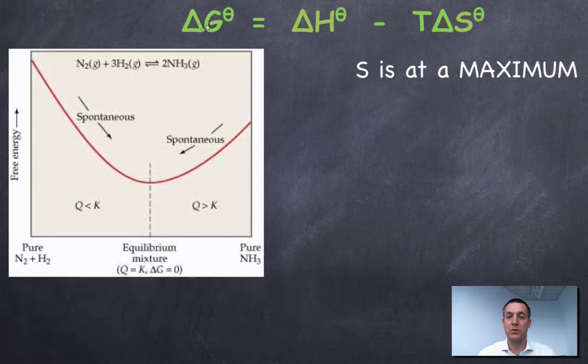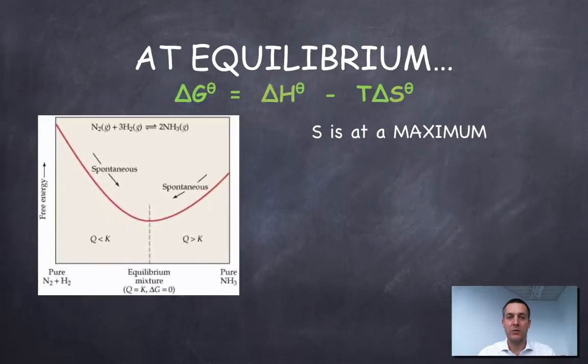So if we want this to be as small as possible, the entropy change must be as big as possible, and so the entropy must be at a maximum at this point. Now we don't really have to do a lot with the maths in this particular context. It's just good to have an idea that when we are at equilibrium, the free energy is at a minimum and the entropy is at a maximum.